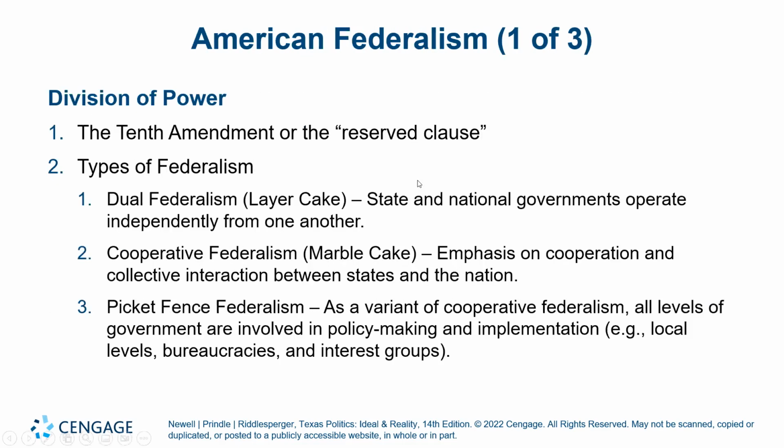Okay, so let's talk about the 10th Amendment as well, really quick, because I do need to discuss that in terms of why the states have the powers that they have. The 10th Amendment is also known as the Reserve Clause Amendment. The 10th Amendment discusses this idea that whatever is not specifically mentioned in the Constitution as powers belonging to the federal government automatically defaults to the states.